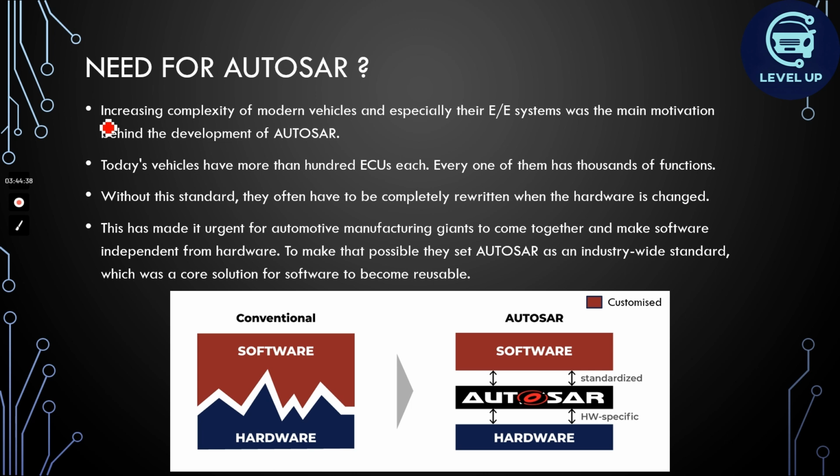In the starting, steering was manual or mechanical, but going forward, steering has been automated. An ECU came into the picture, which takes control of the steering. Automatic power steering was introduced: when you go for a U-turn and release the steering wheel, it automatically comes back to its original position.